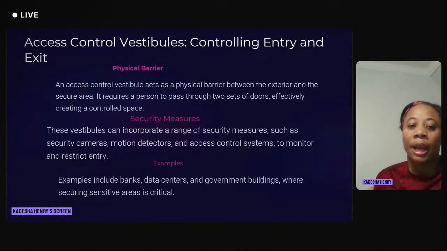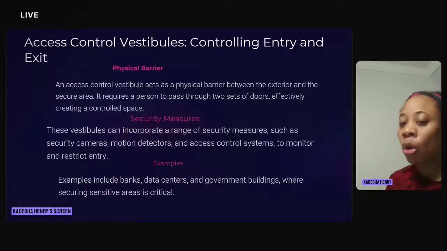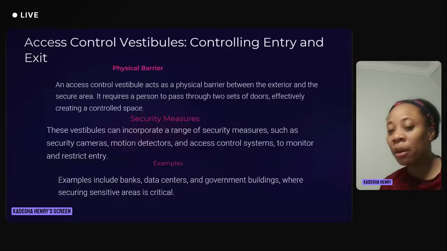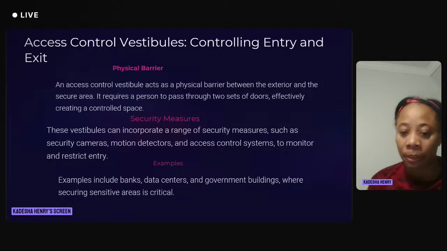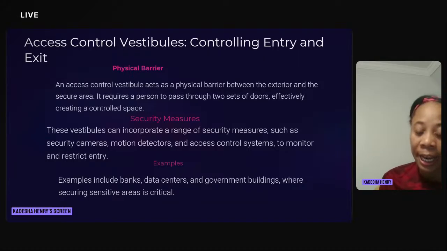And so the next one is security measures. It incorporates a range of security measures such as security cameras. Sometimes there are motion cameras and access control systems to monitor and restrict entry, right?